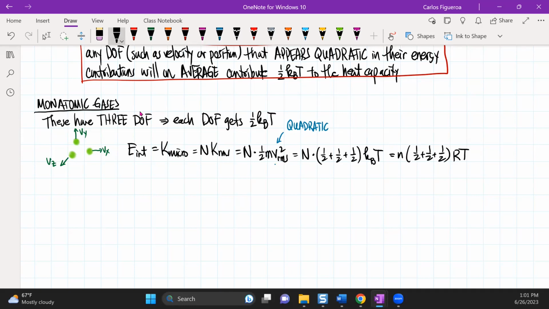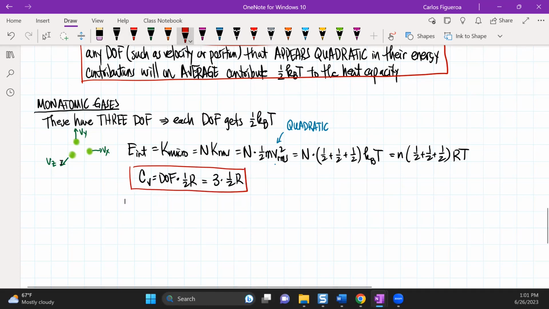In other words, CV is then going to be the degrees of freedom times 1/2 R. So in this case, we get 3 times 1/2 R, which is a value that we already knew.